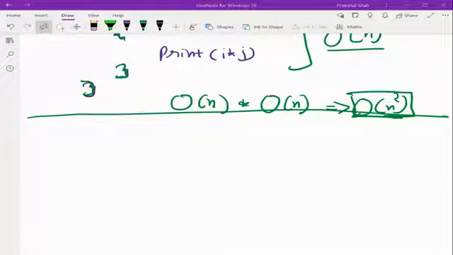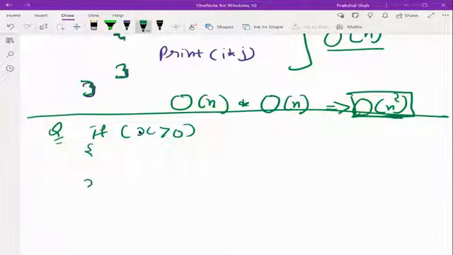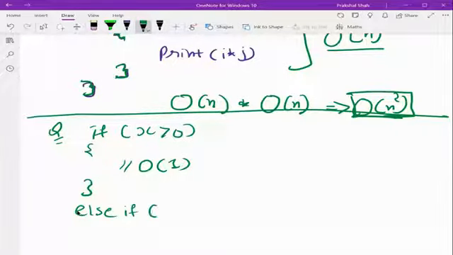Suppose I have an example of this: in my if case I have x greater than 0, and then I will have something in this if which is running in order of 1. Then I have an else if, where x is greater than 0, and it will run for order of log n.